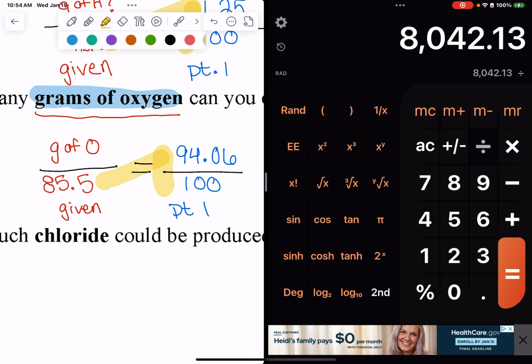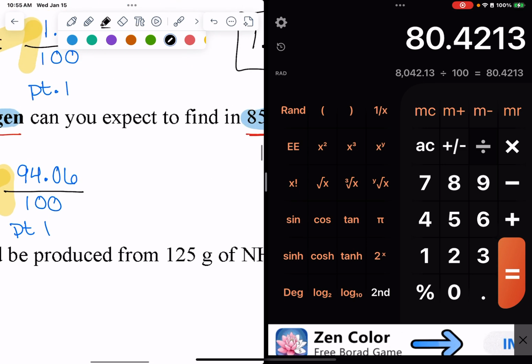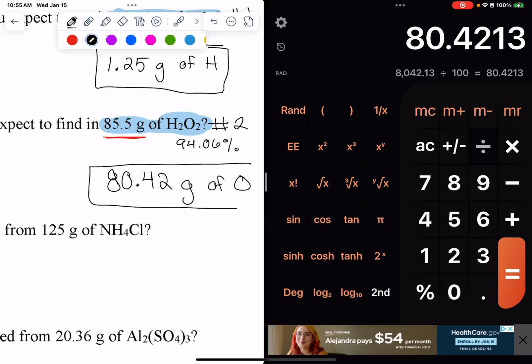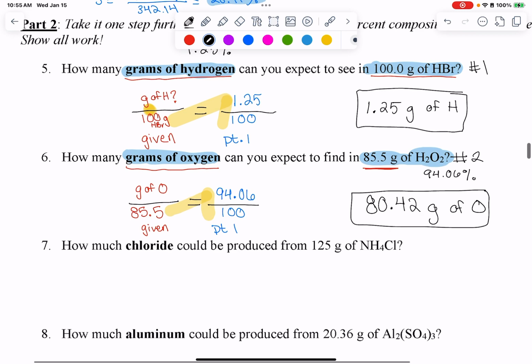So I'm going to divide this number by 100, and that gives me a total of 80.42 grams of oxygen. So that's how we do this side. All right, that's how we do this side.